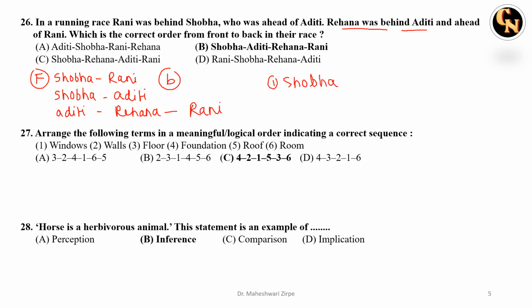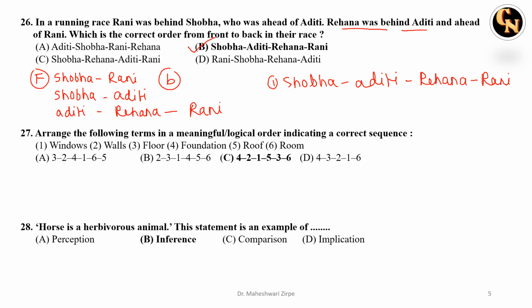Then after Shobha is Aditi, then Rehan, and then Rani. This is the sequence we get. So option B is the correct option.